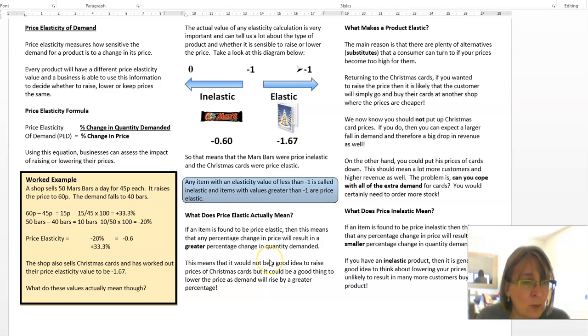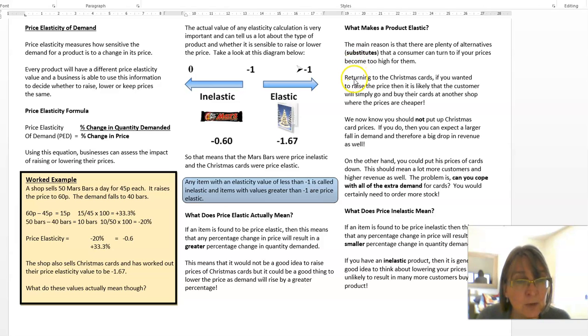So it means that when we sell goods, we need to decide, if we change the price, will people be put off from buying it? Things can be more elastic. The main reason for that is that there are plenty of alternatives, or what we call substitutes.